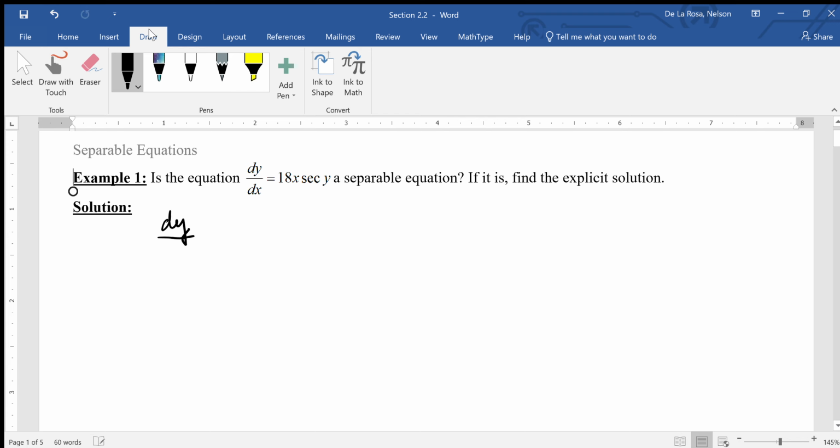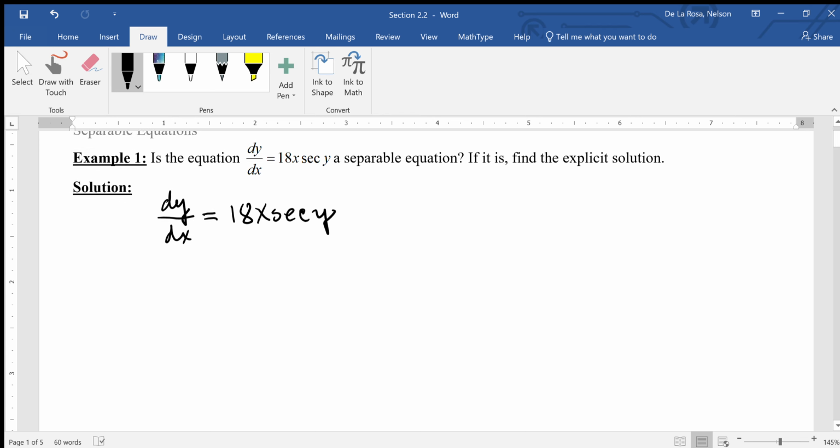dy/dx equals 18x secant of y. And yes, this equation is separable because we can put all the y's together on one side and all the x's together on the other side.